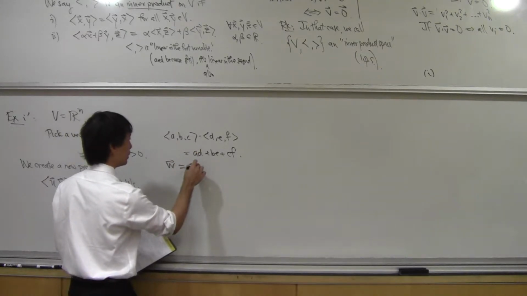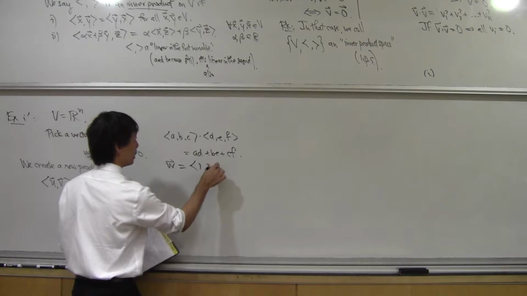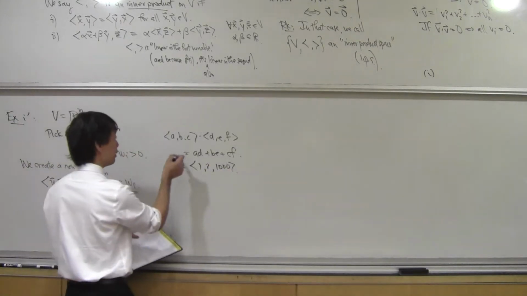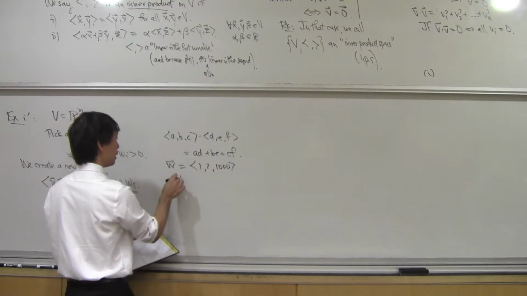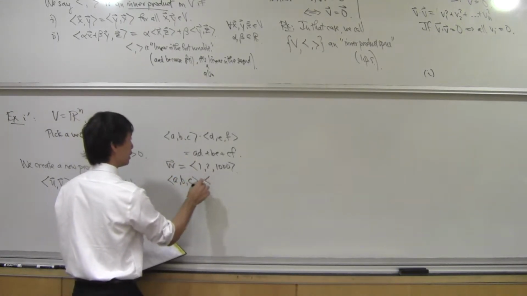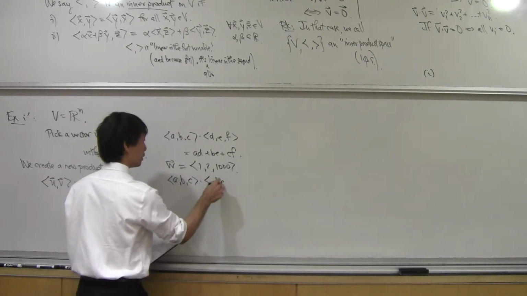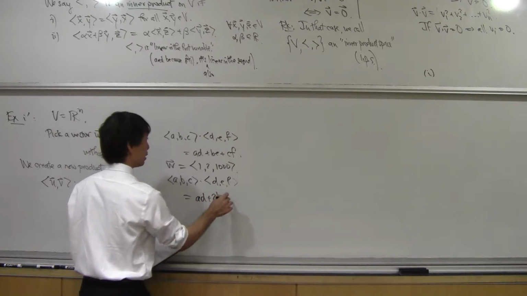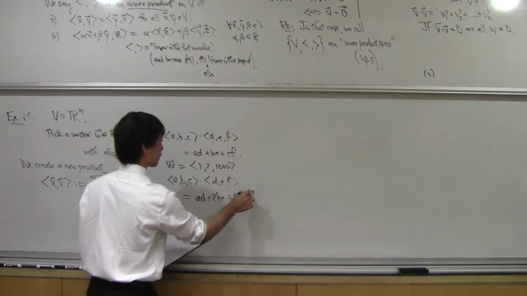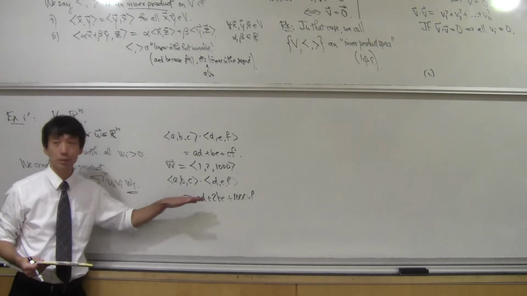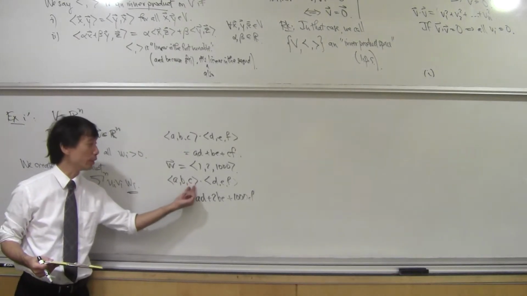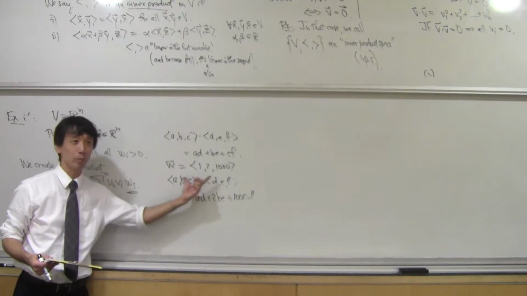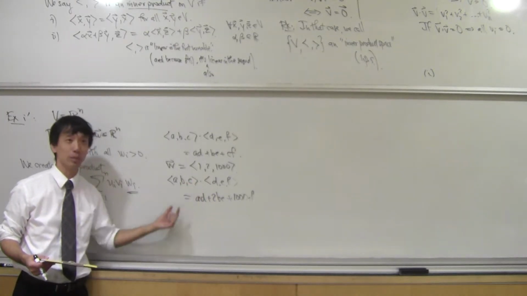Maybe I choose my weight to be (1, 2, 1000). Then when you multiply (a, b, c) with (d, e, f), this new product says take ad + 2be + 1000cf. So it weights the third variable. For some reason, you really care about that third variable, and you don't care too much about the other two variables.